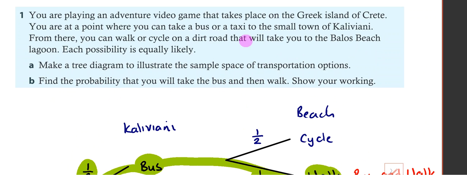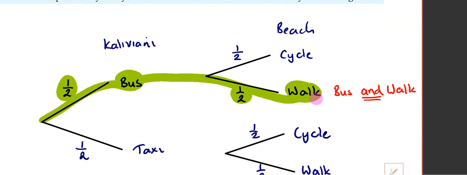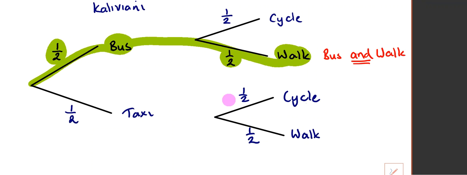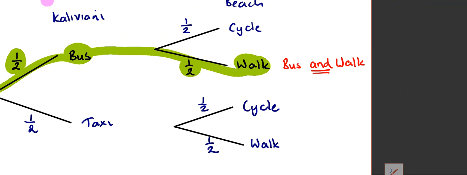You'd be right if you were saying, what's the probability that he walked to the beach? We'd then have to consider the other one as well. But I don't consider this route because we know he did not take the taxi. We don't consider this walk because it's not bus then walk. So the probability that the bus then walk is obviously 1 out of the 4 options.